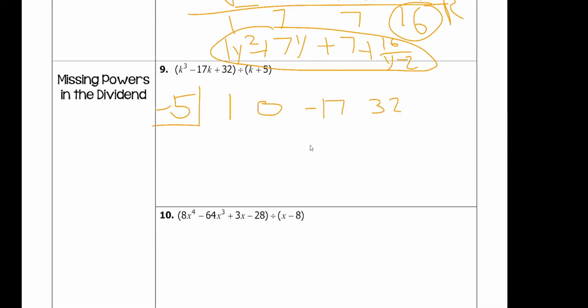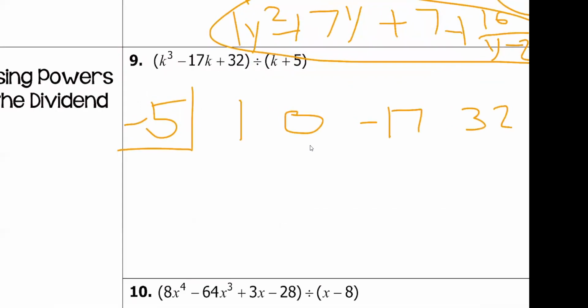I'm going to erase this because it's probably too much, but see how this was my k to the third, my k squared, my k, and then my constant. So if you're missing one of your terms, you need to put a 0 in its place. If it jumps from k to the fourth to k to the second, you have to put a 0 in place of that k to the third, if that makes sense.